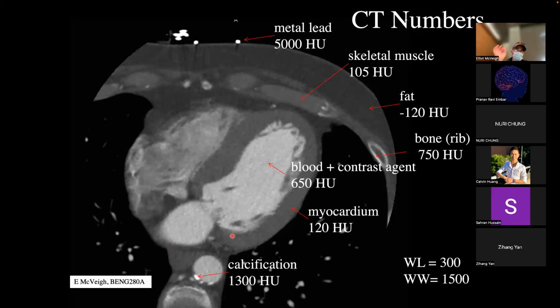Each pixel's dimension is about 0.5 millimeter in X and 0.5 millimeter in Y, something around there. And it's usually about 0.5 millimeter thick. And inside that voxel, you have a value, and it is proportional to the linear attenuation coefficient for that tissue, right? That's what we're looking at here. And then those linear attenuation coefficients are just scaled into these Hounsfield unit numbers. You can just map it back to mu if you want, right?